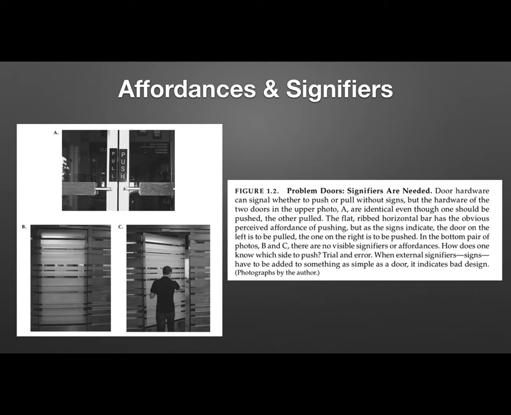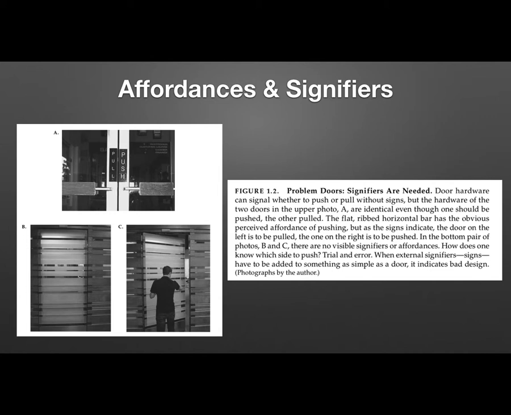And we've all encountered confusing doors. So in some cases, if you have a pure glass door with no clear indicator of which side is hinged and which side is the push or the pull, that's very confusing. There's no affordance there. And so you can see, obviously, here are your signifiers, right? Your instructions, basically.